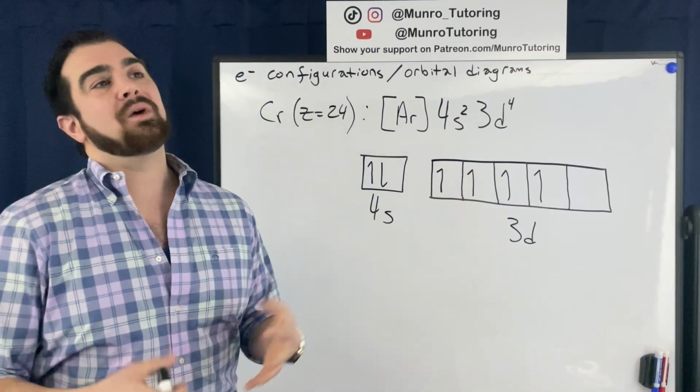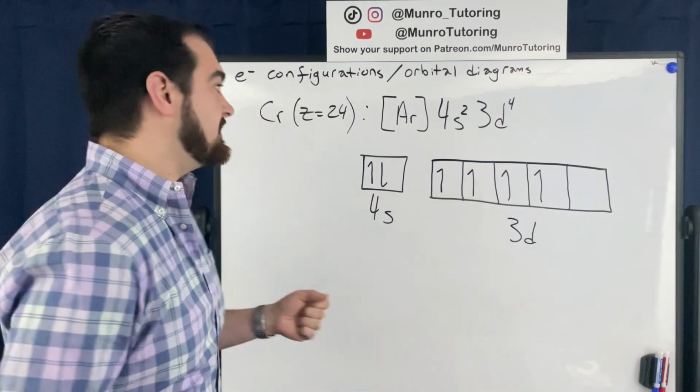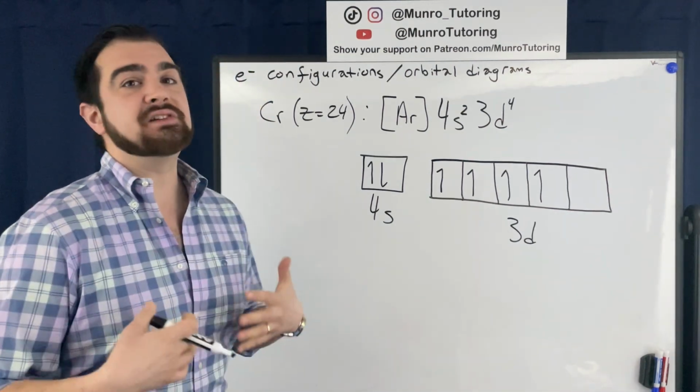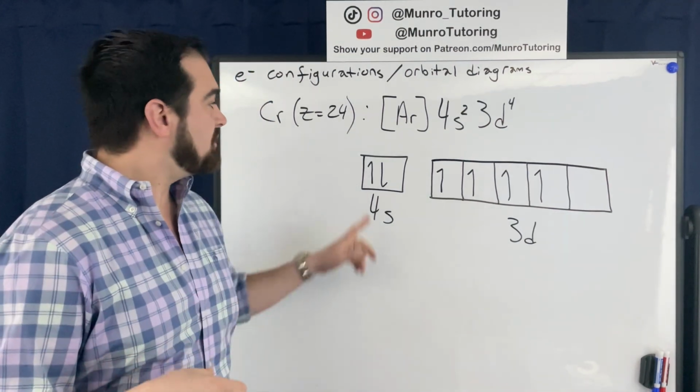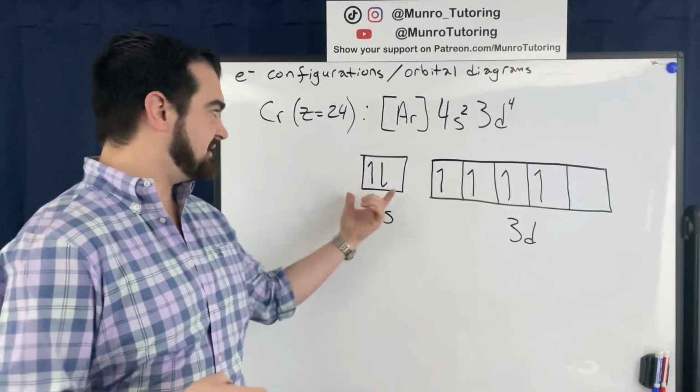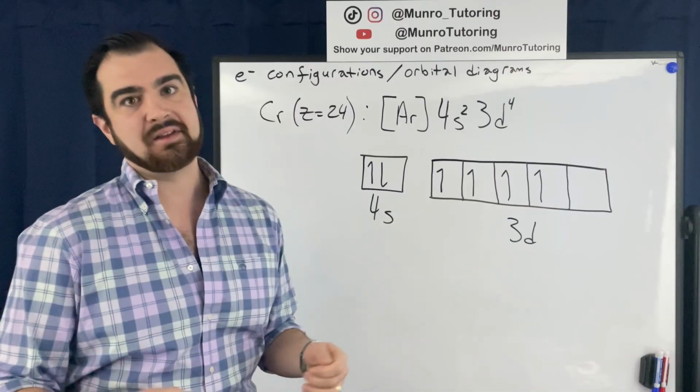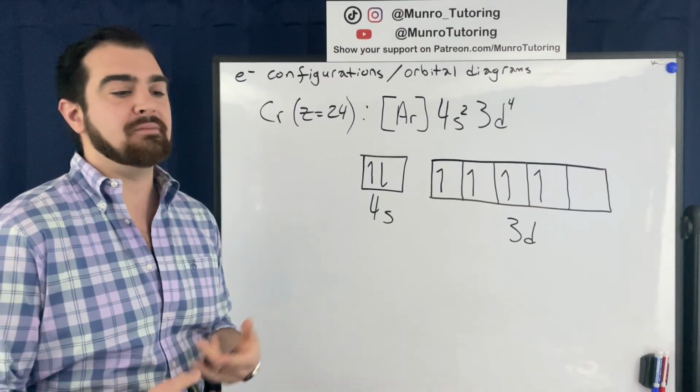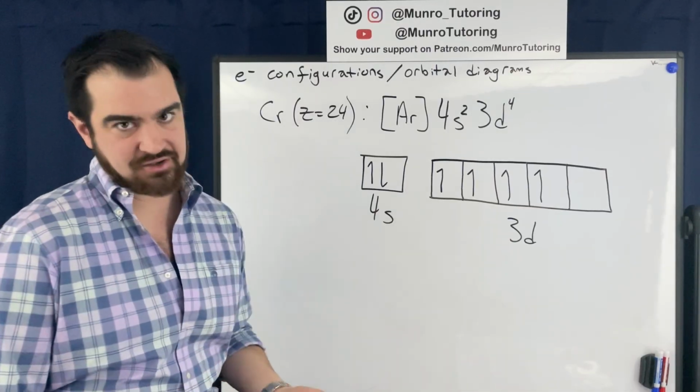And so what actually happens in this circumstance here is it'll be more stable, lower energy, for one of these electrons from the 4s to actually jump into the 3d. And then this is half full, and this is half full. And that gives you a more stable electron configuration.